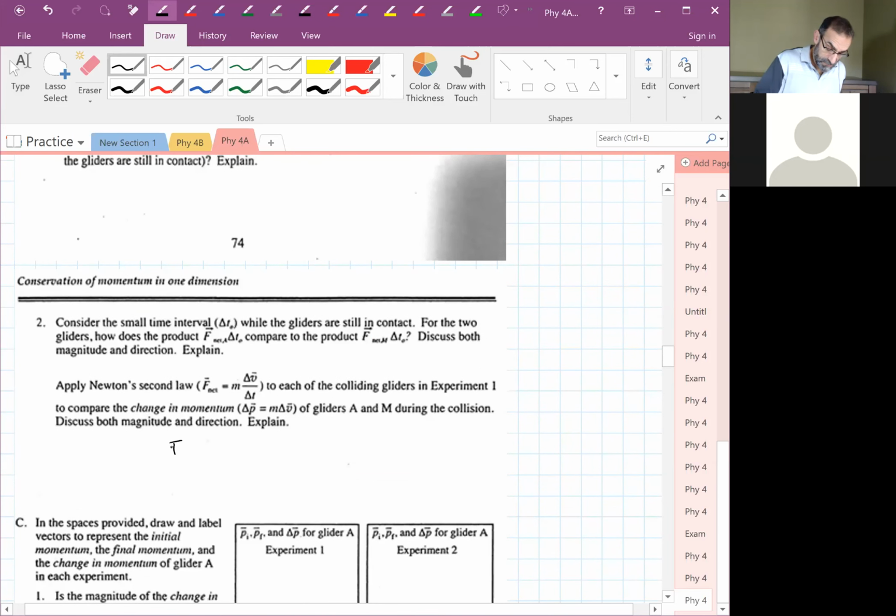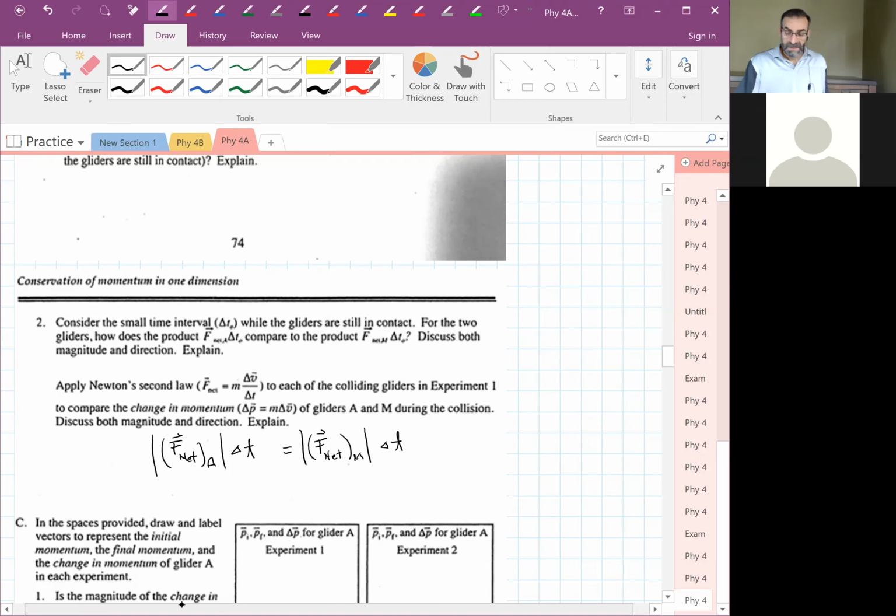F net for A, we just care about the magnitude here, times the time interval for A. How does that compare to F net M times the time interval for M?